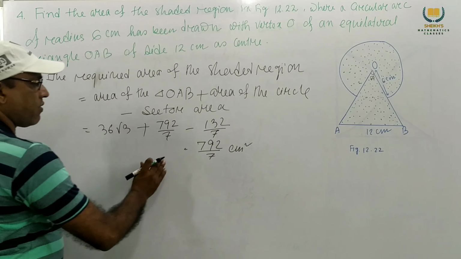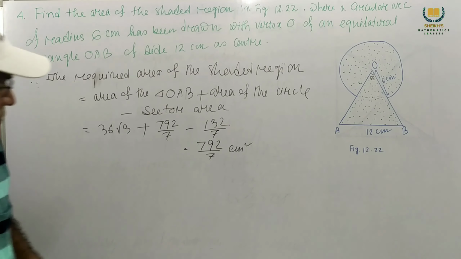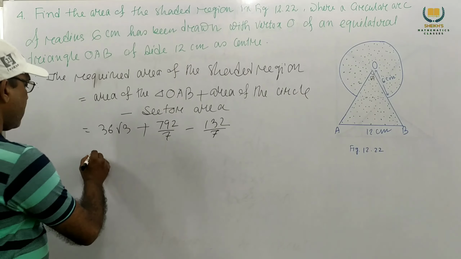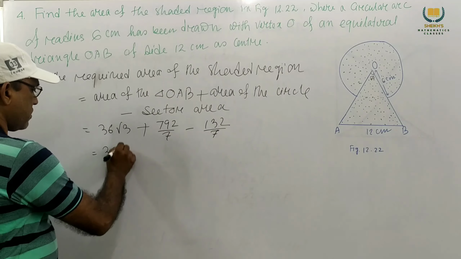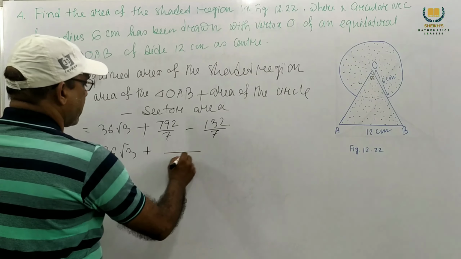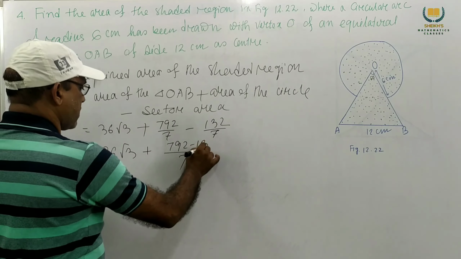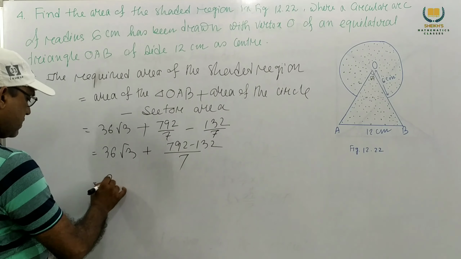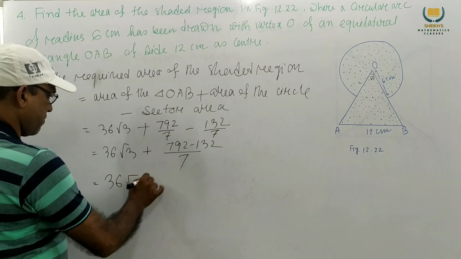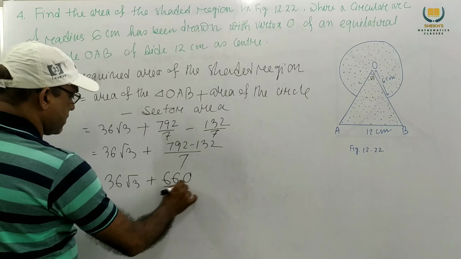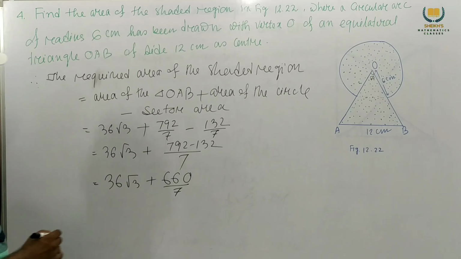If we calculate this, taking LCM, 792 minus 132 is 660, so it is 36 root 3 plus 660 by 7.